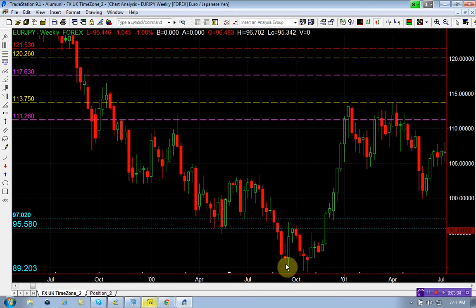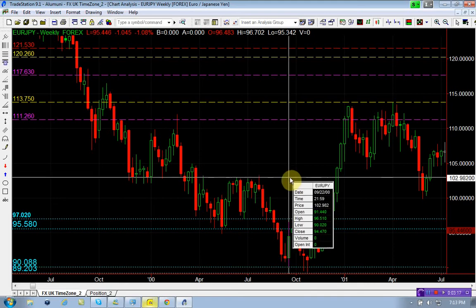There is a minor point above it here, which again was like our inverted turtle soup over here way back in October. So we are going to mark that too. That would be the 90.02.